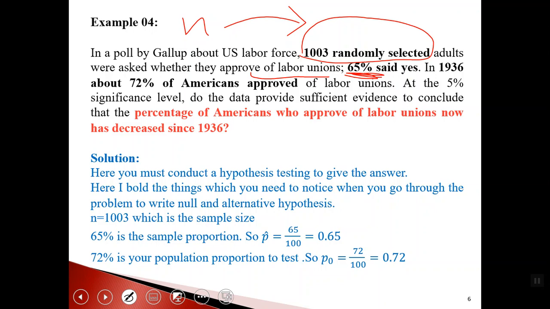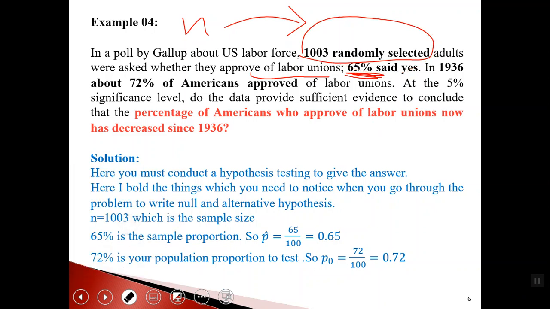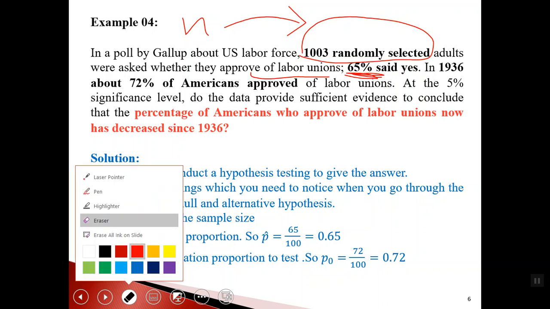Okay, simply it is the sample proportion. In this problem you may see that the sample size is 1003, but they have given 65%.